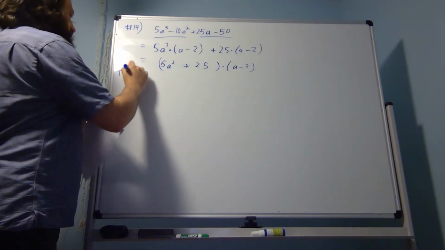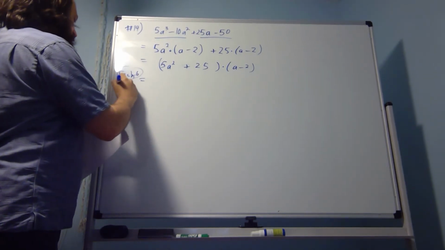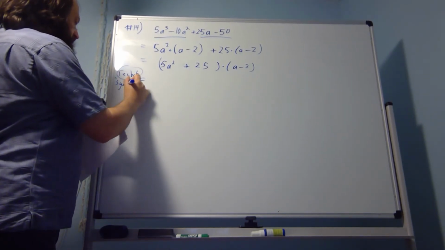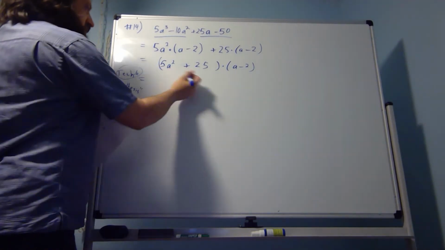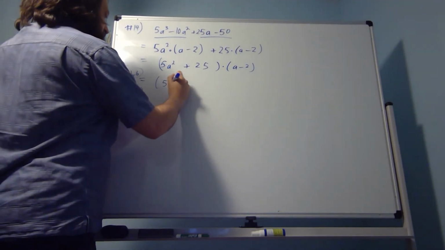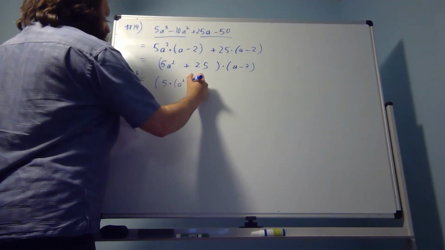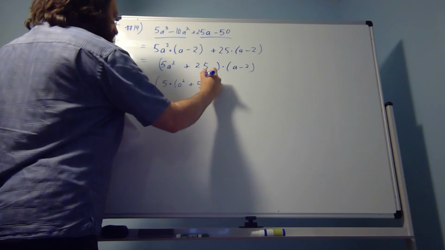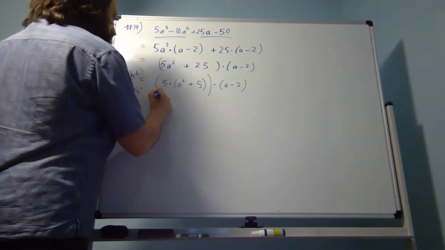So this is like technique 6. We did one thing, but we keep going. They call it synthesis, and that's when you do one thing, then you see another pattern and keep going with it. Well, what do we have here? We have 5 times a squared plus 5. So maybe that's a little bit better.